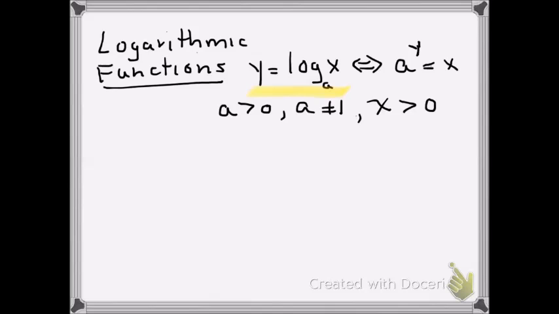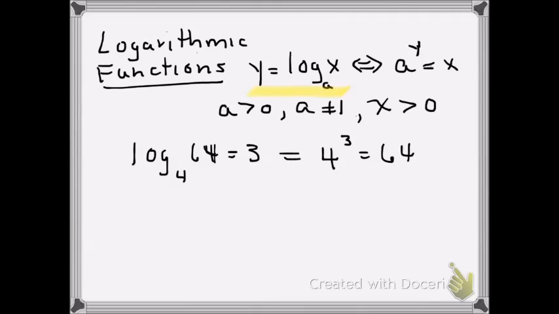Now this is an equivalent statement, a to the y equal x. So we're able to write statements such as log base 4 of 64 is equal to 3. We can write that statement in the exponential form. 4 to the third power is equal to 64. These again are called equivalent statements.